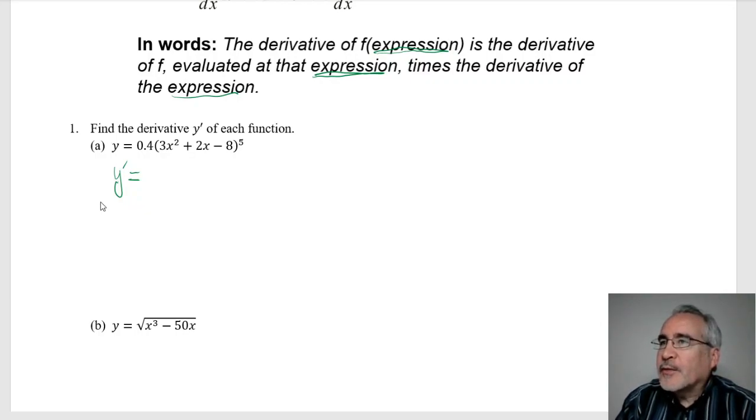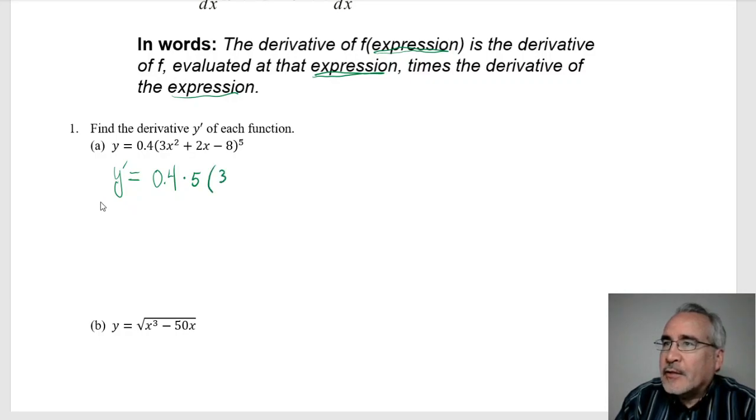So what we do first, we take the derivative of the outside part. This 0.4 is a constant multiplier, so it just tags along for the ride. The 5 comes down into the front, and notice this parentheses is just not going to get touched. It's protected.